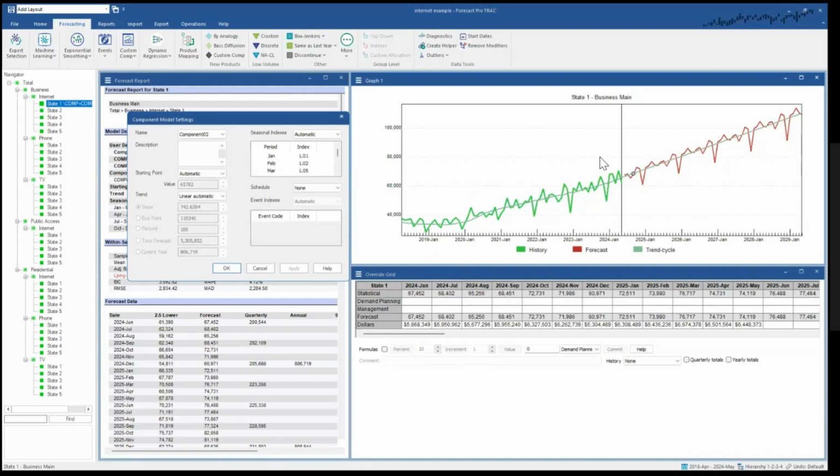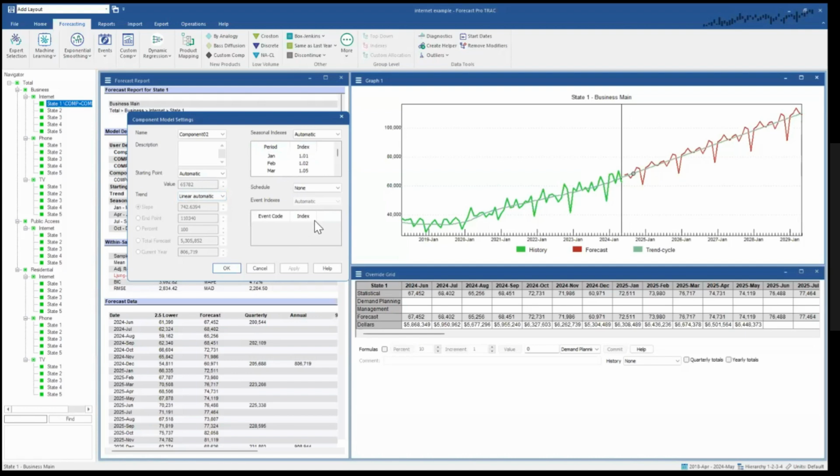But the custom component model says you have these different components. You have this one labeled starting point, which is basically the final level. You have the trend, in this case a linear trend, with a certain slope, etc. You have seasonal indices. This is all just exponential smoothing. This example doesn't have events, but it could.